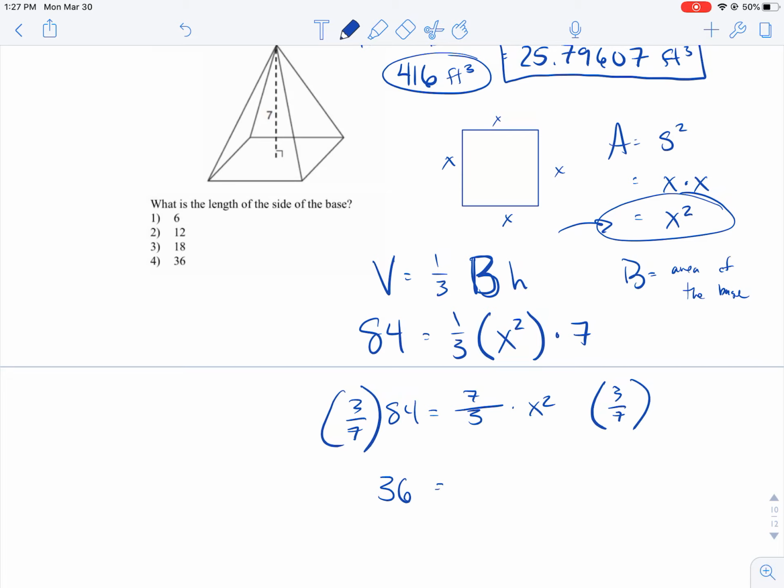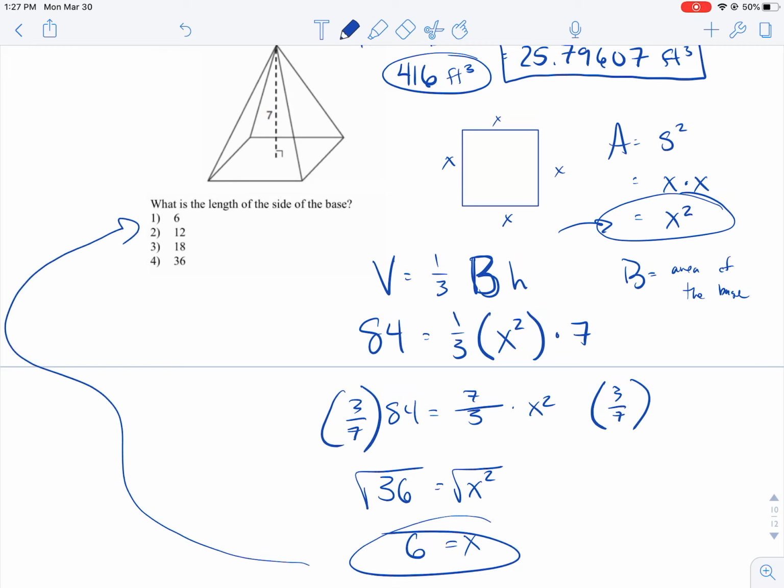So 84 times 3 divided by 7, and you get 36 is equal to x squared. Take the square root, and x is equal to 6. And do we see that answer up there? We sure do. All right, and so that is it, folks.